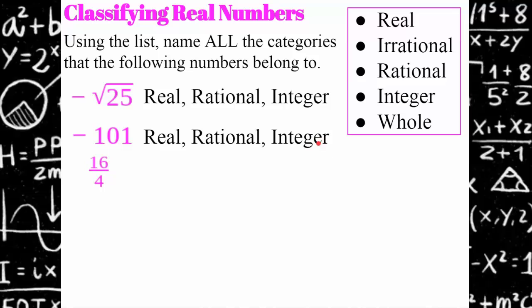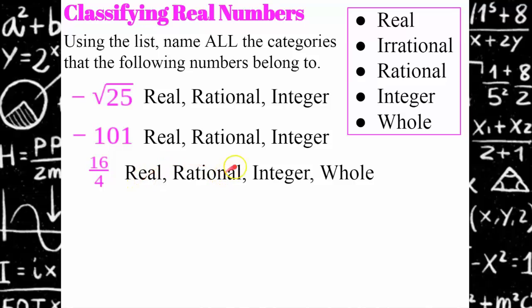Your turn. Go ahead and hit pause. Come back and hit play when you are ready to check your work. First, we want to simplify. 16/4 is 4. 4 is real, rational, an integer, and whole.